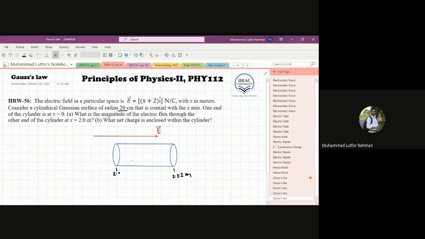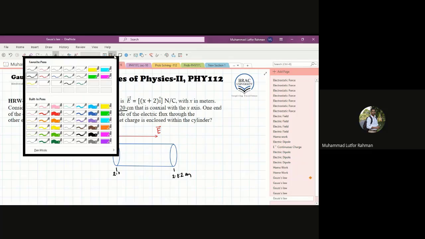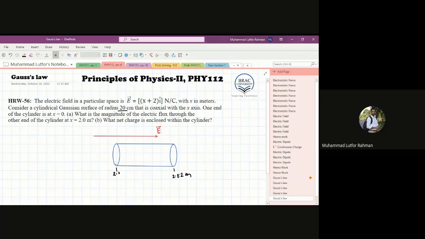Now they asked me to find out the flux for the other end at x equal to 2 meter. I will label the surfaces by the same procedure I followed. So this is surface 1, this is surface 2, and this is surface 3.